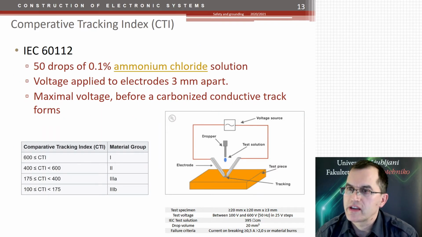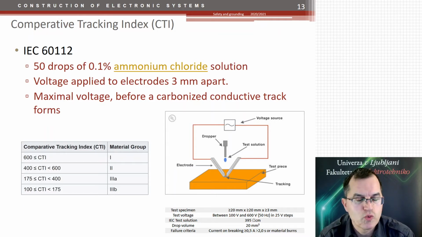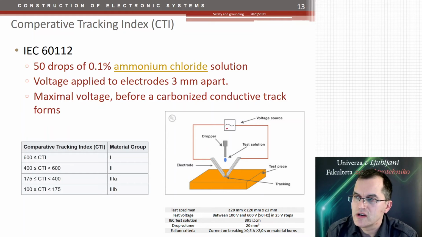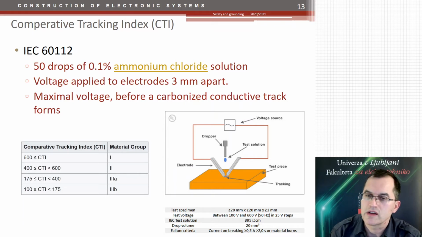A comparative tracking index, what's that? How do they measure it? Actually, it's a number that tells you the voltage withstand of the surface. What they do is put some electrodes on the surface, apply some voltage, and measure the current. Then they drop an ammonium chloride solution, water droplets with ammonium chloride dissolved in them, onto this surface, and the droplets provide a conductive surface.